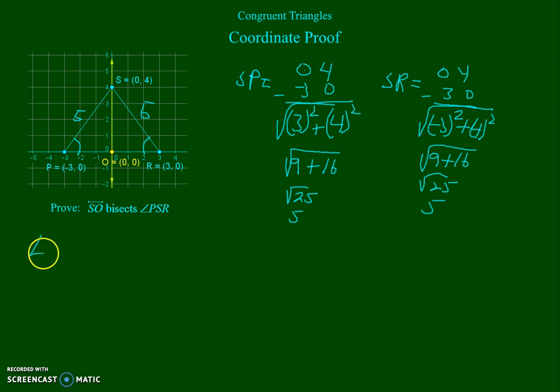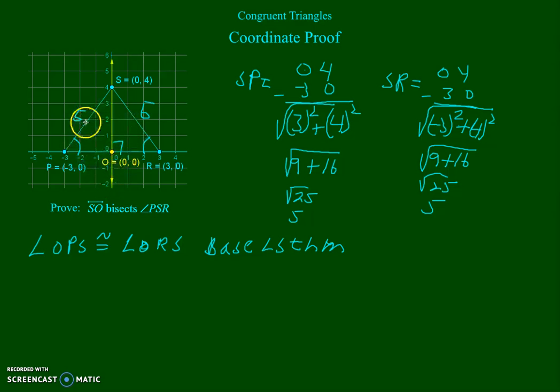So we can say that angle OPS is congruent to angle ORS, by the base angles theorem. And because this is a vertical line and this is a horizontal line, this is a right angle.